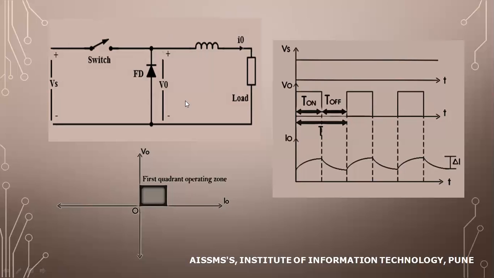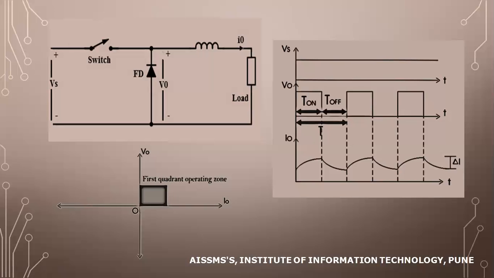Now in this type of a chopper, power always flows from source towards load, as the graph which is plotted between V0 and I0 is obtained in a first quadrant. That's why this chopper is also called as first quadrant chopper, or it is also called as type A chopper.